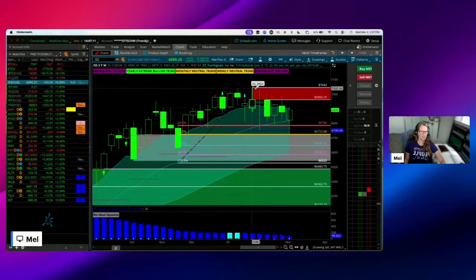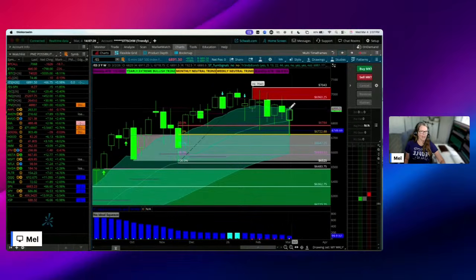As we continue on each pop, making a lower high at this supply zone here on the weekly chart, that is further proof that we are making lower highs and lower lows.